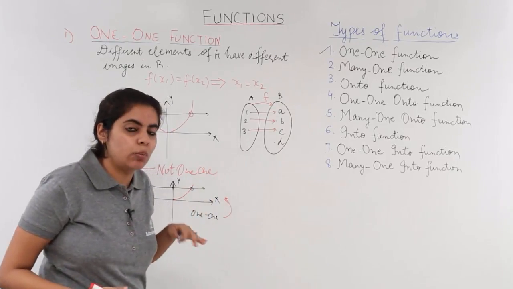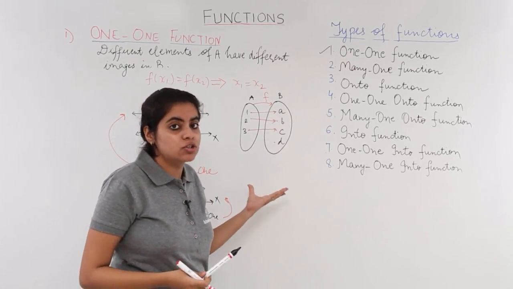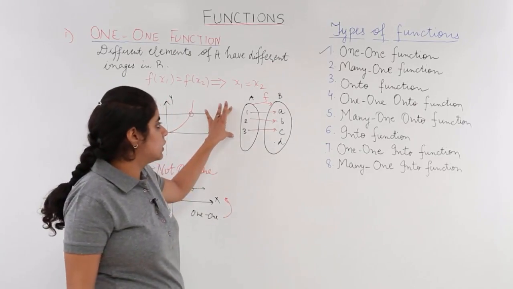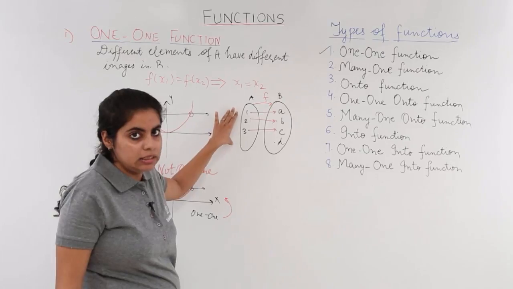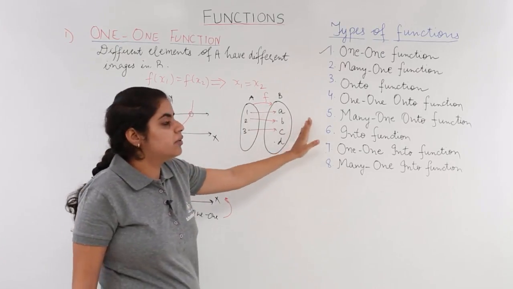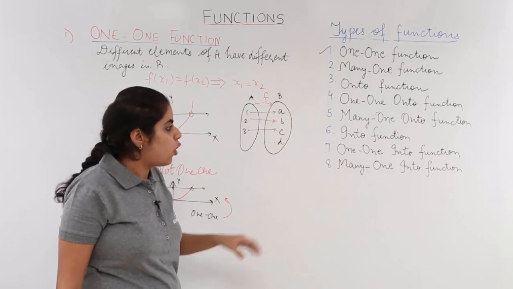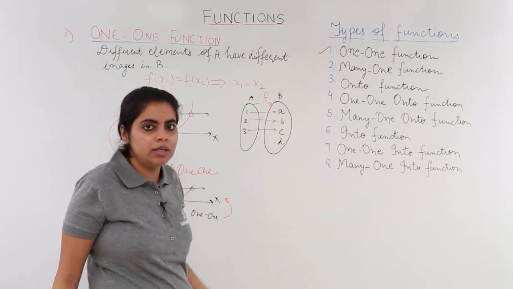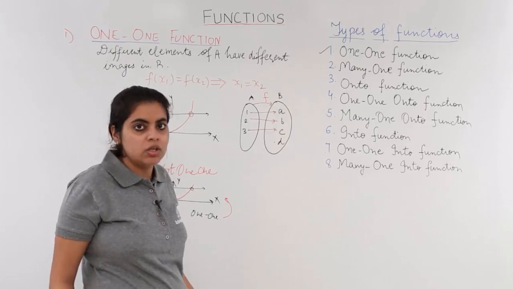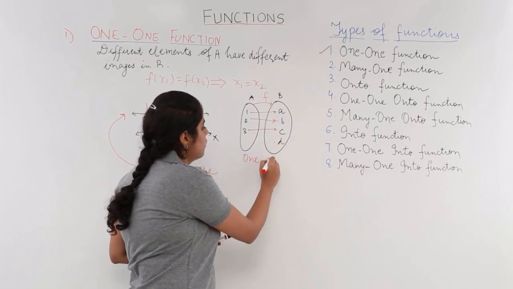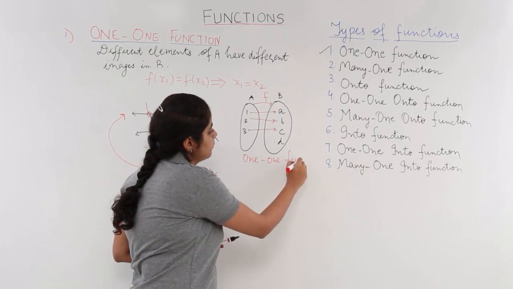We have to check whether this diagram actually represents a one-one function or not. You can see here that different elements of A are related to different elements of B, which was the definition I wrote above. Although d does not have any pre-image, that does not matter. Since it follows the definition, it is a one-one function.